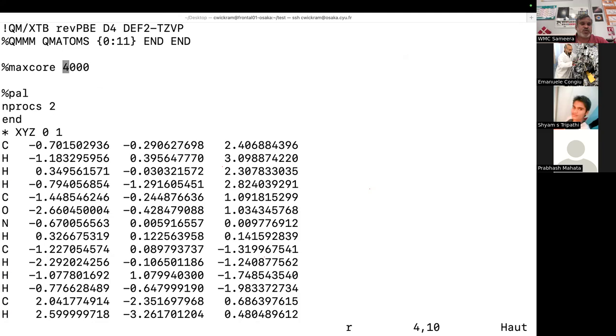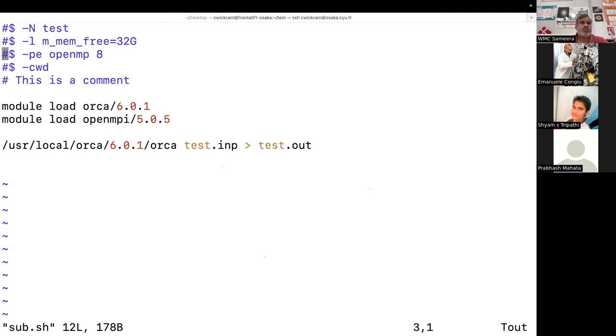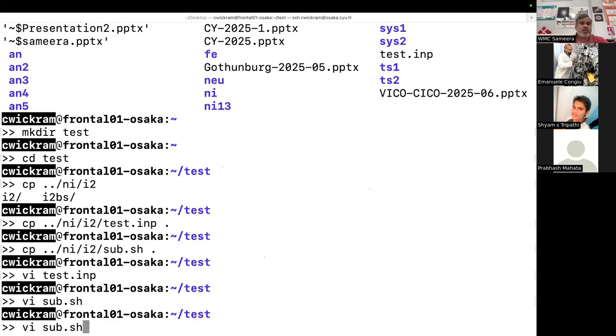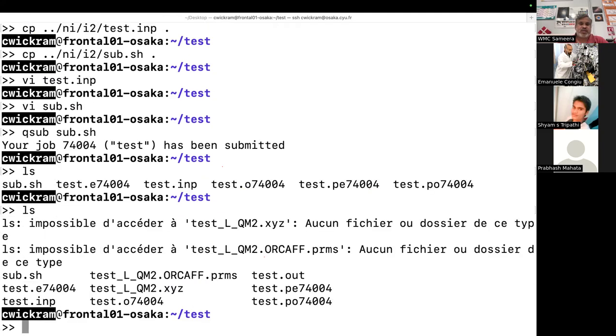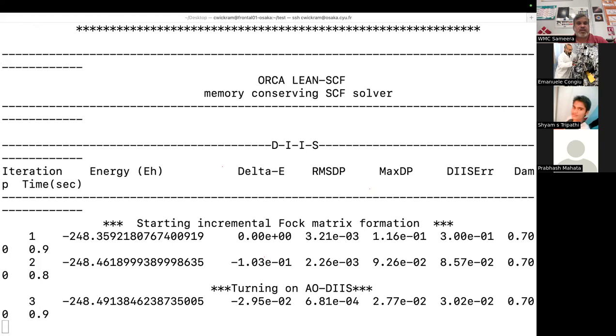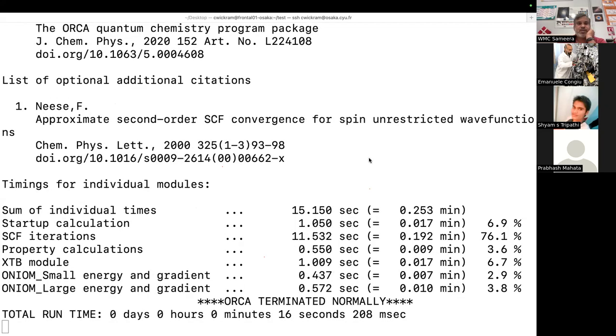I can drop this to 2 GB. Okay, so the computation is running, and it is going to be a fairly easy calculation. It's already finished.